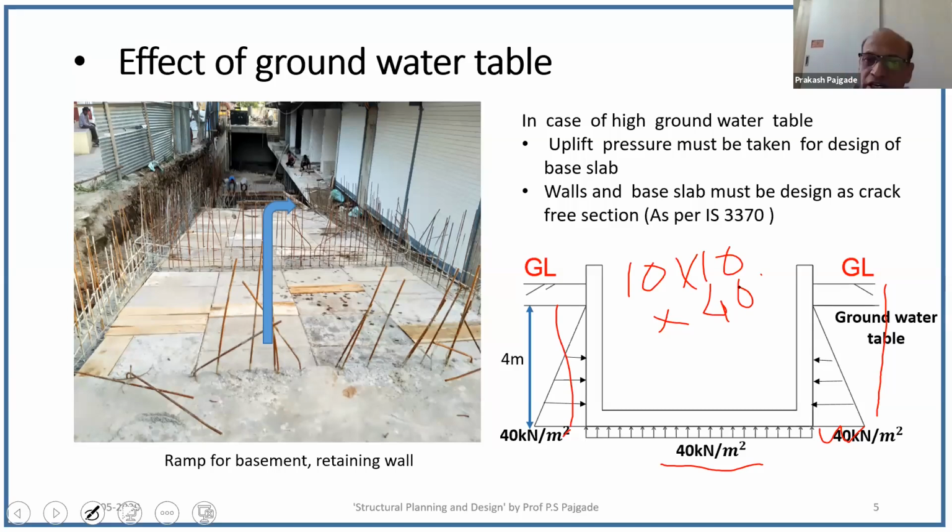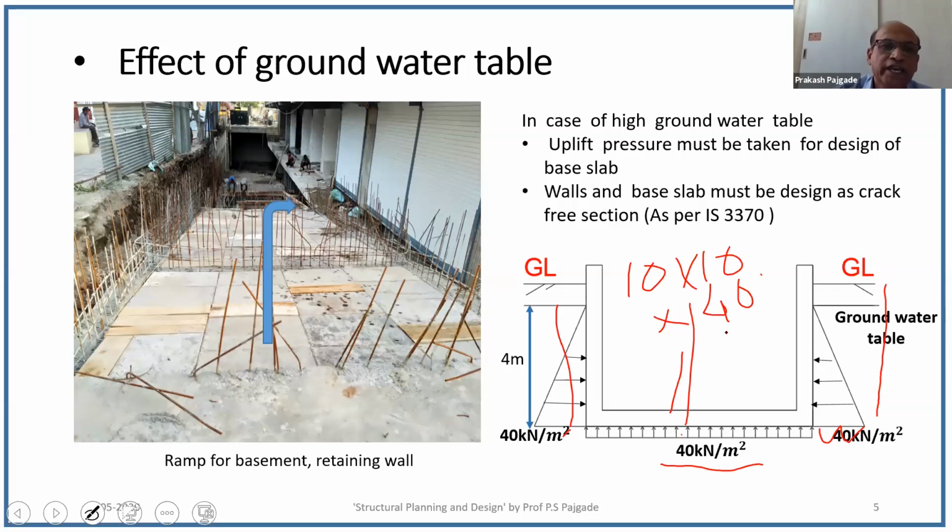If such a heavy load is not available in downward direction, then uplift of basement is possible. And to avoid uplift, this uplift of basement is possible.